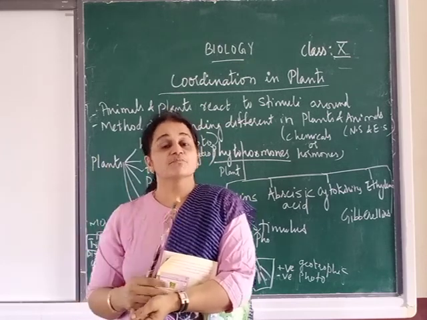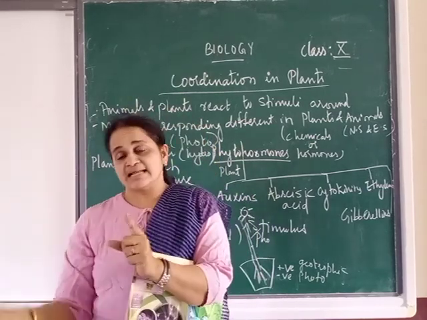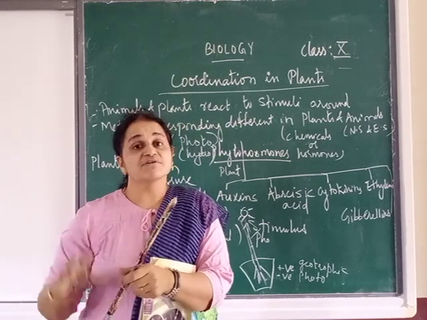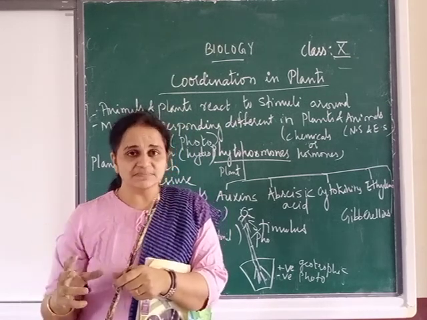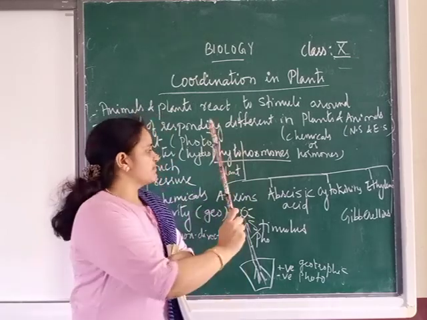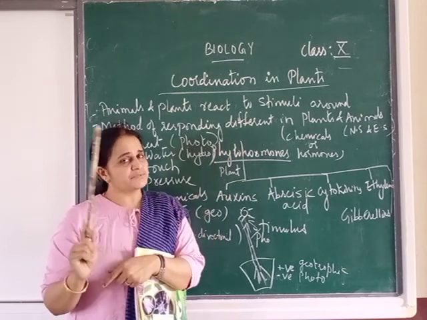That means plants give response. But what is the difference between the response shown by animals and plants? Animals have a very well developed system, which one? Nervous system. And what about the plants? Plants do not have any developed system.